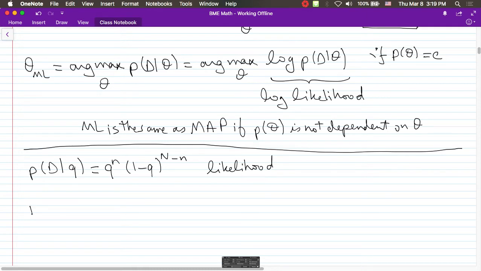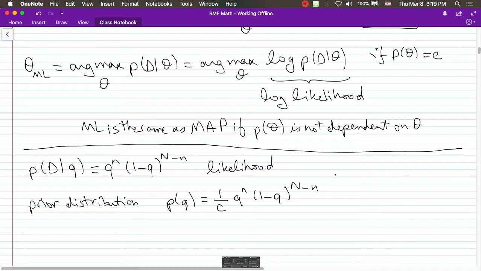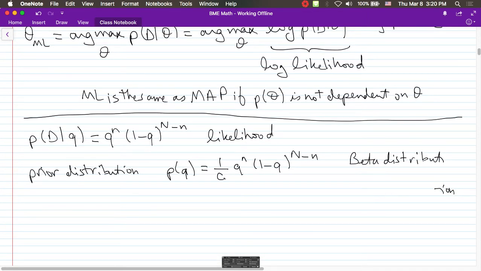So let's now imagine our prior to be continuous. That means that the probability of Q is going to be continuous. I'm going to write it like this: 1 over C, Q^n (1 minus Q)^(N minus n). This is called a beta distribution, where any distribution has this normalizing constant in front of it.